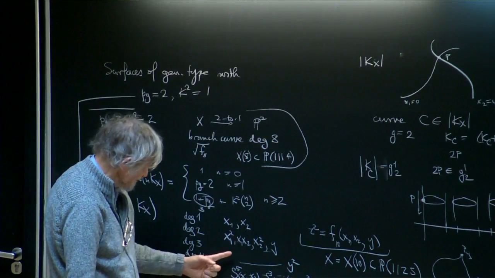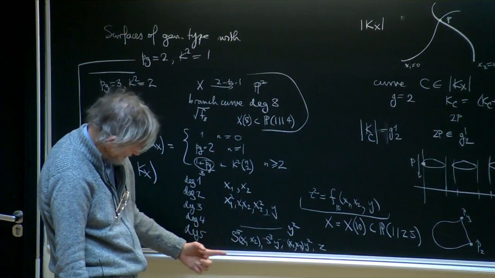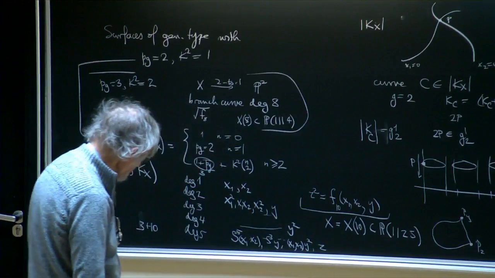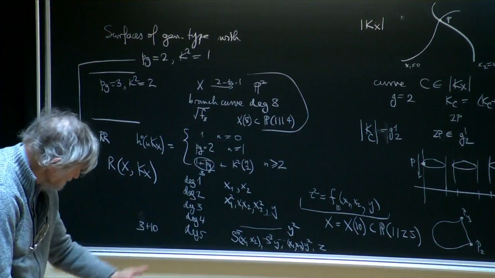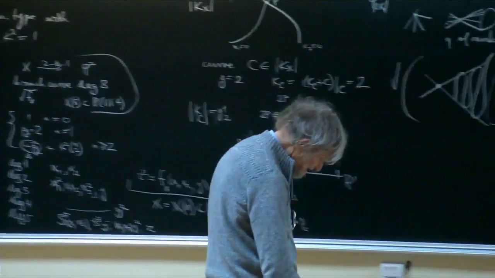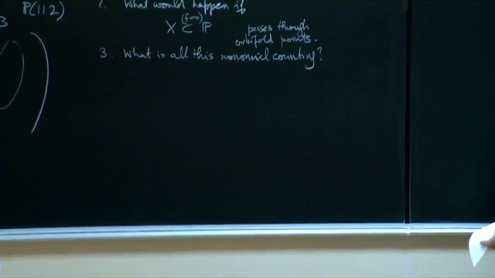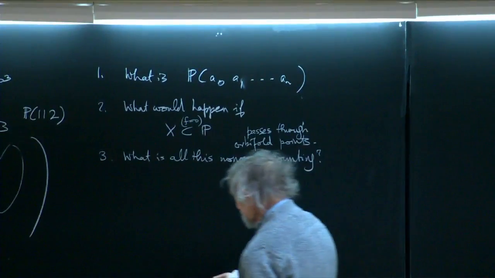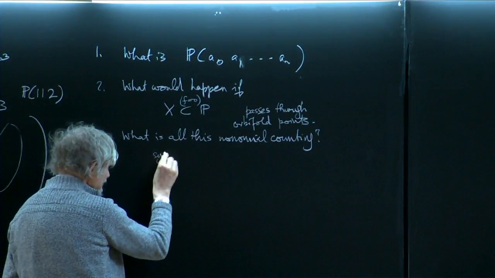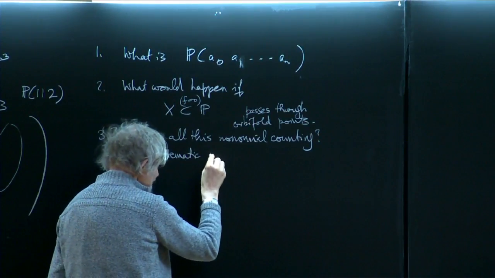I didn't tell you what happened in degree 3 and 4 or 6, 7, 8, 9, and you can imagine doing it for yourself, or write it out formally as an exercise. But at the end of the day, I want a method of doing it systematically, getting rid of this. So systematic, and this is Hilbert series.